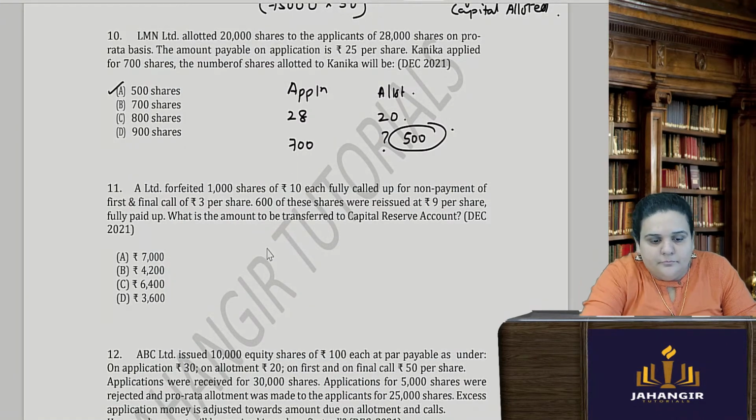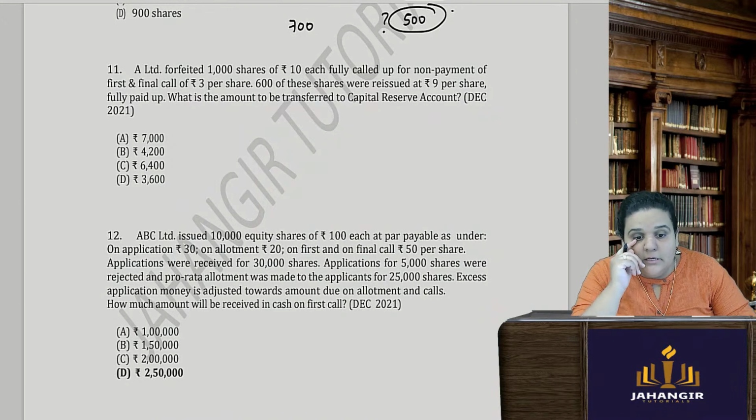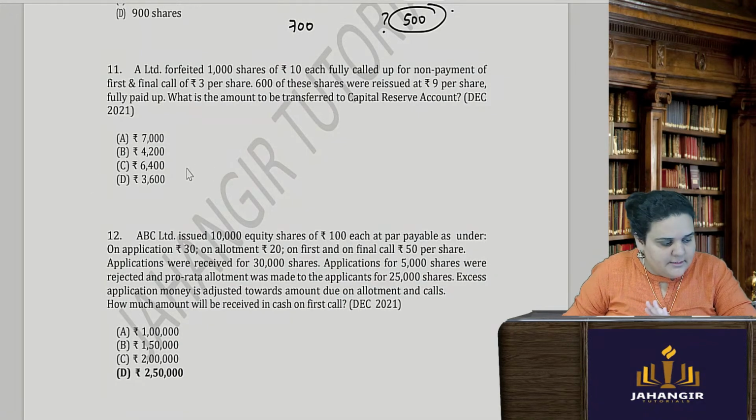Okay. Question number 11. A Limited forfeited 1000 shares of rupees 10 each fully called up, but they were forfeited for the non-payment of first and final call of rupees 3 per share. Out of this, 600 of these shares were reissued at rupees 9 per share, fully paid up. Amount to be transferred to the capital reserve will be how much? Now I am not doing the working for 1000 shares, I will do it for 600 shares.